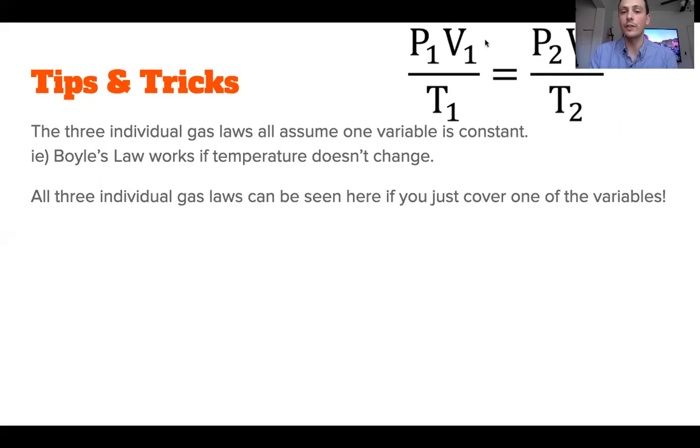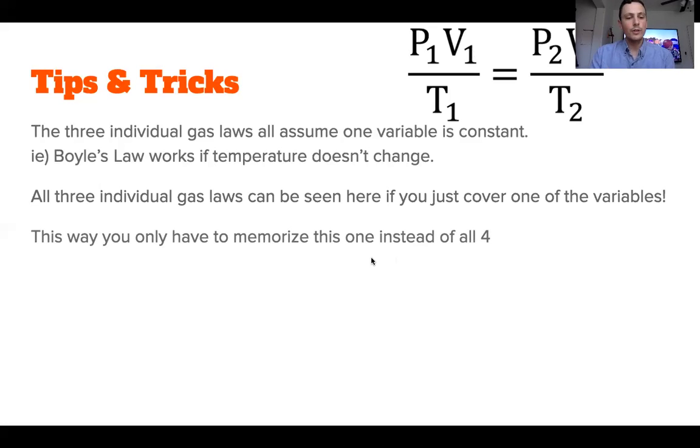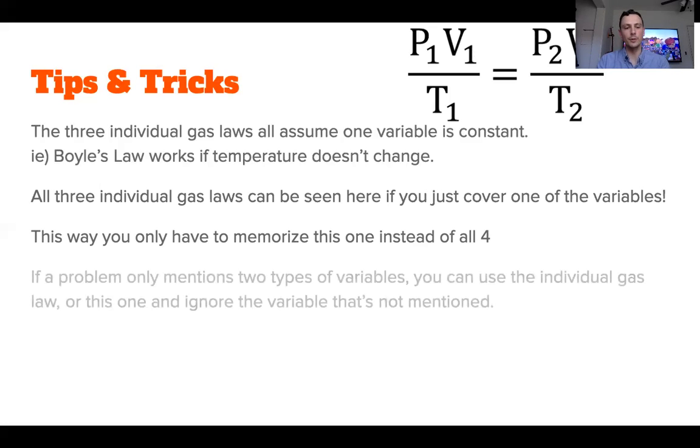Or if it doesn't tell you anything about the volume, that means the volume is staying the same, you can cross out the volume terms, and then you have Gay-Lussac's law, but you just have to know the combined gas law in order to get there. So if you figure out how to do this, just covering the one that's not changing, you don't have to memorize all four gas laws. You only have to memorize this one.